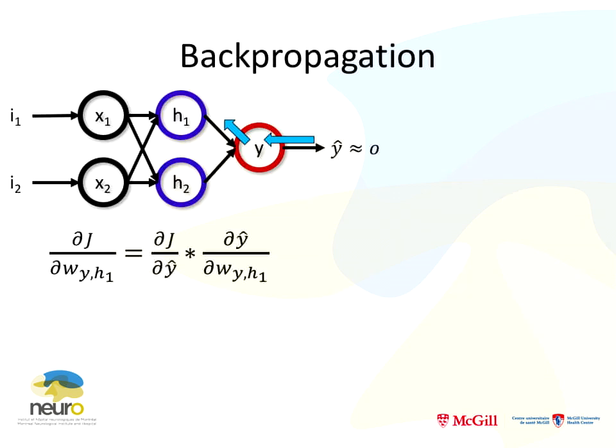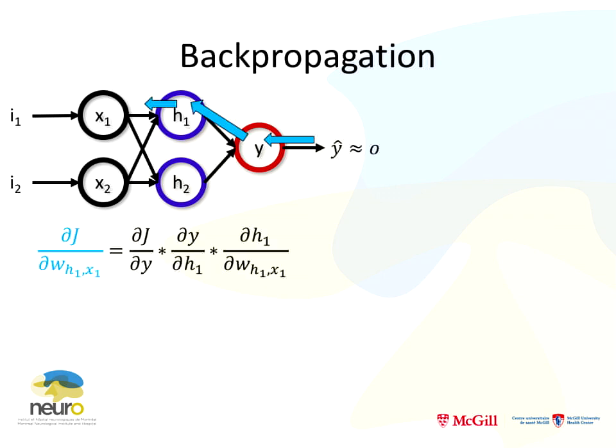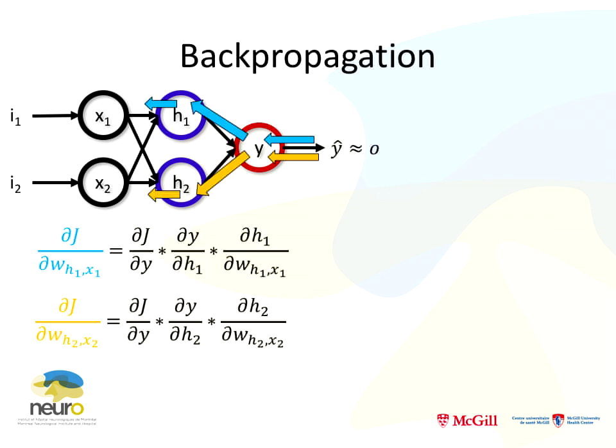So in the backwards pass, there's an interesting visual interpretation back through the network where the derivative of the loss function with respect to the weight on the H1 input is this chain rule thing, and if we use the sigmoid, it's actually pretty nice math, but the deeper we go, the more and more terms there are to compute, and we have to do this for every single weight and bias in the network.